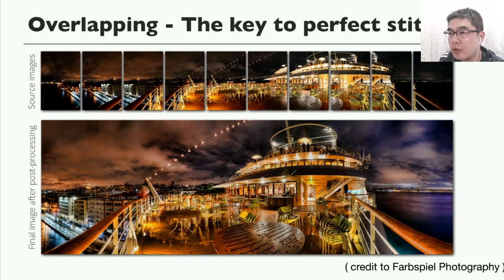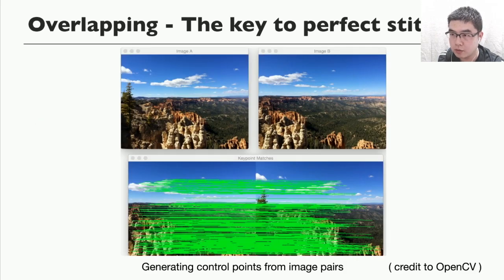When we are taking normal panoramic photos, the image sequence has overlapping between image pairs. And when you are stitching with the help of the stitching algorithms, the algorithm will help you generate control points from the image pairs. And that's why your images could be stitched together to form a straight panorama photo, right?